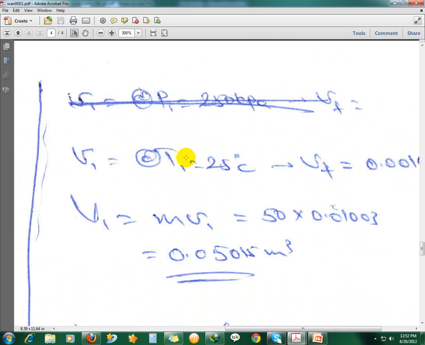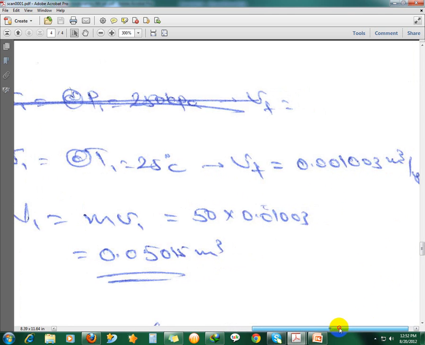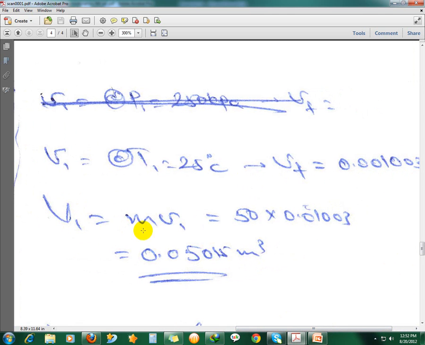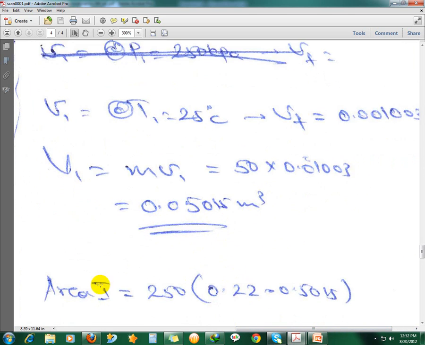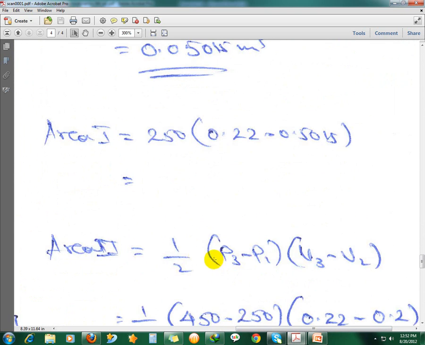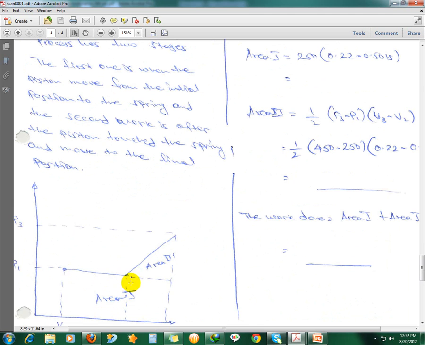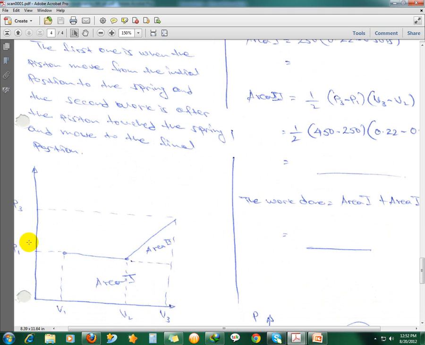So V1 at T1 equal to 25 is Vf, 0.00103 meter cube per kilogram. Then V1 is equal to mass times specific volume, and it's around 0.05015 meter cube. Now we can calculate area 1. All the properties are determined, and area 2 is equal to 1 over 2 times the difference between P3 minus P1 times the difference between V3 minus V2.